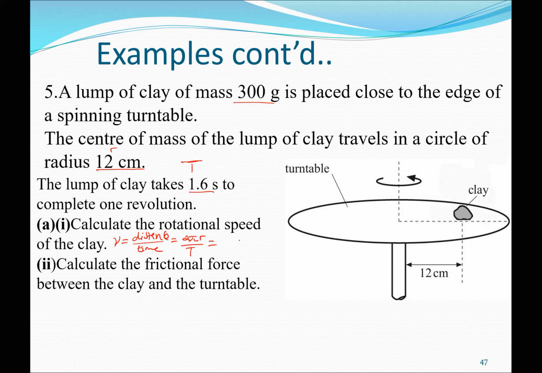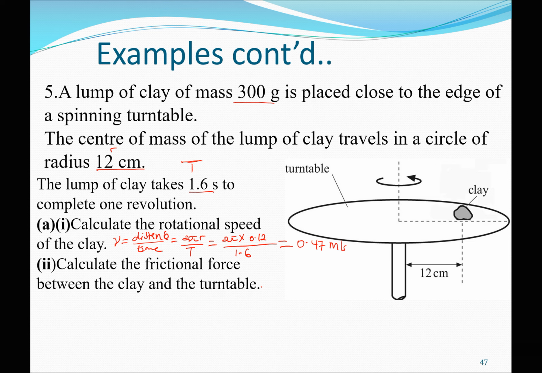Or you can use omega times r, where omega is 2 pi over T. So this is 2 pi times r, which is 12 centimeters, 0.12, over the period 1.6. So 2 pi times 0.12 divided by 1.6 is 0.47 meters per second.